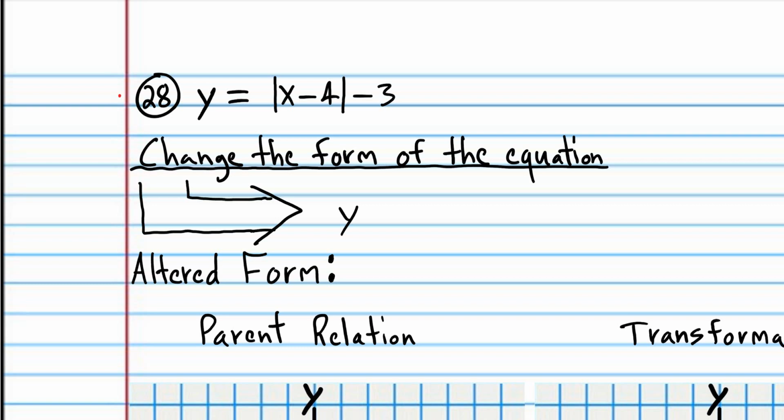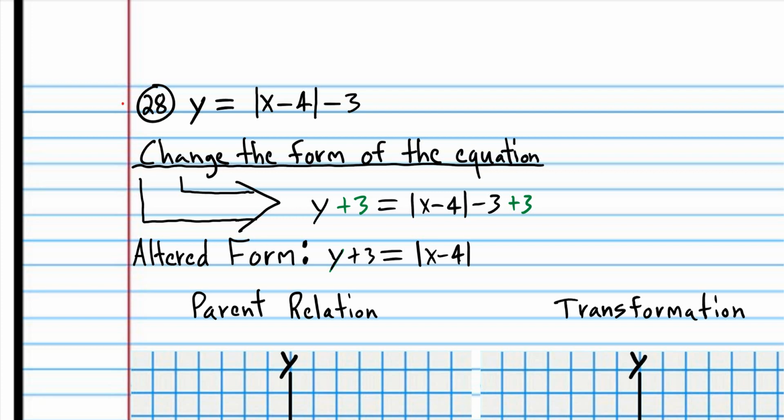We're going to add 3 to both sides of the equation. And that's going to put the 3 on the other side of the equation. And now you can see clearly that we are subtracting 4 from x and we're adding 3 to y. So this is going to be a translation.